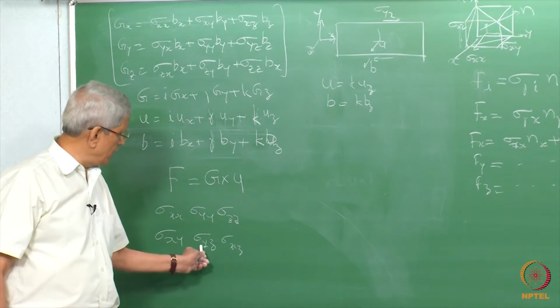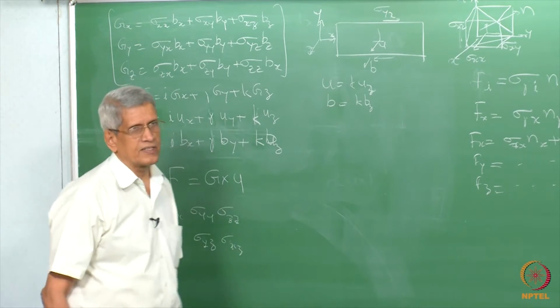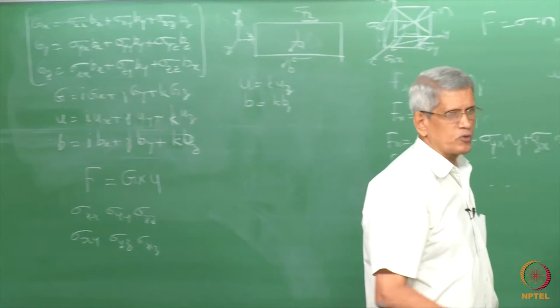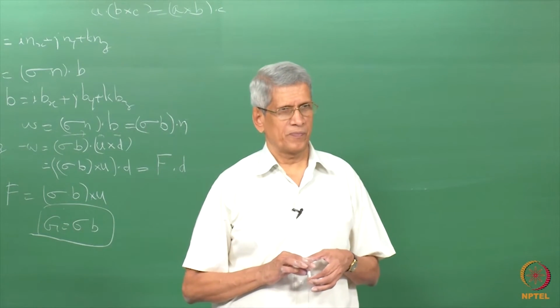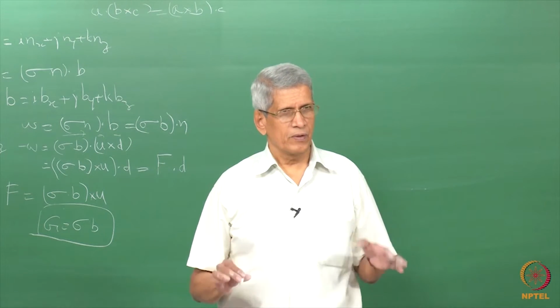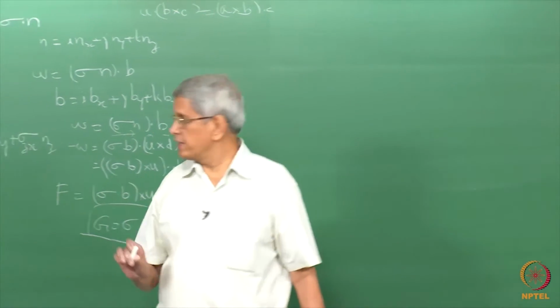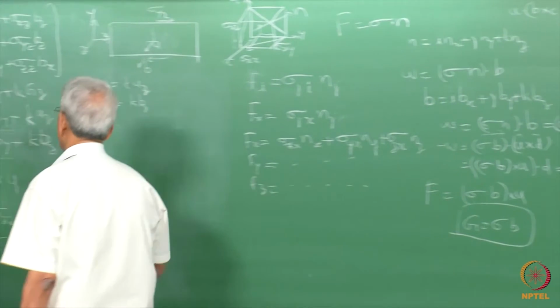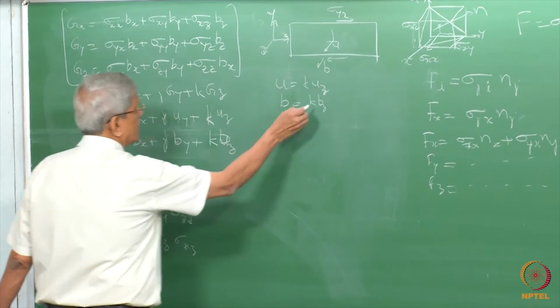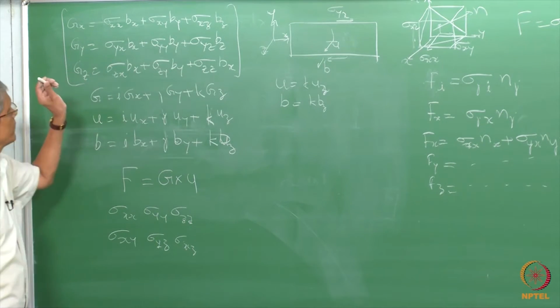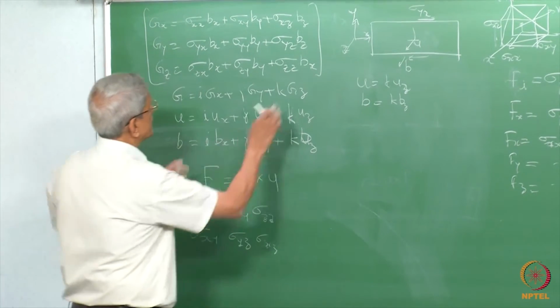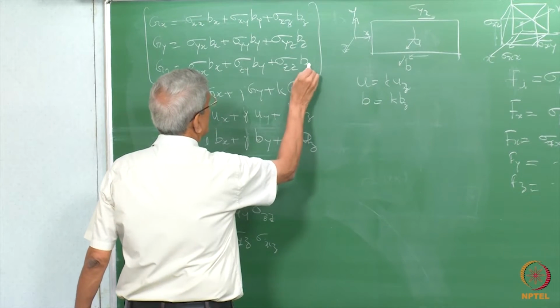So only these components of the external stress will have any effect on the screw dislocation, others will not. Is this clear? So we will consider these cases. In this expression of G which we have written here, it has to be bz, correct.